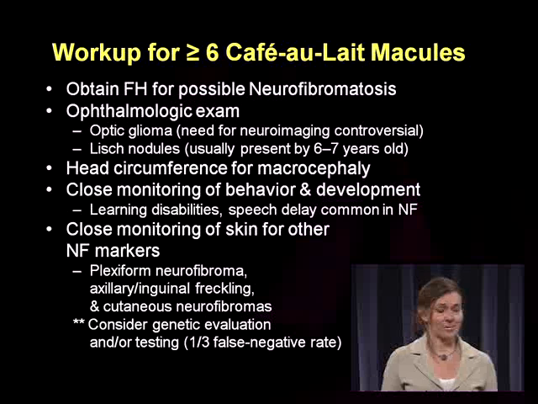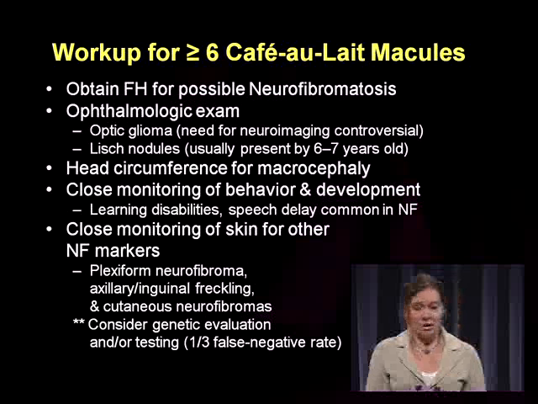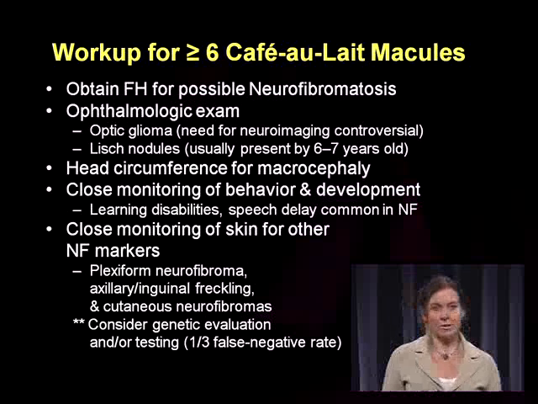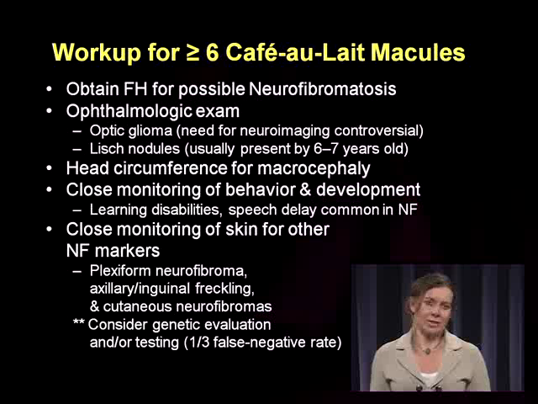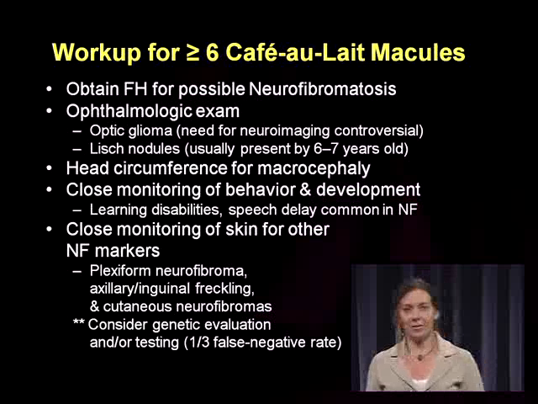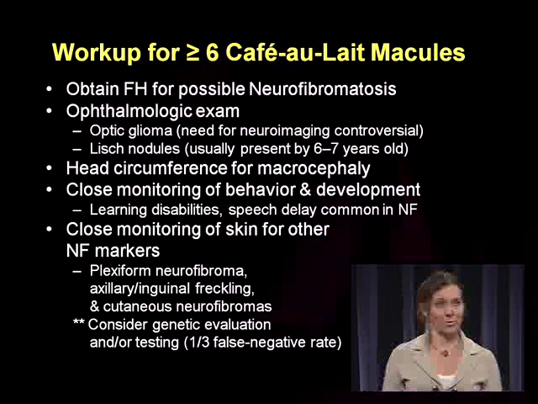The first thing I do when I see a patient like that in my office, aside from doing a full skin exam, is I like to get the ophthalmologist's opinion, because if you have one finding on physical exam, one of the skin findings, and you have one of the diagnostic eye findings, then you don't really need to pursue the genetic testing, because you have a clinical diagnosis and you can save that money and not spend thousands of dollars to try to confirm a clinical diagnosis.